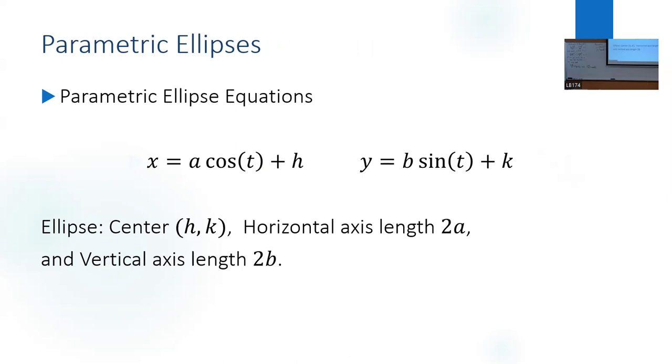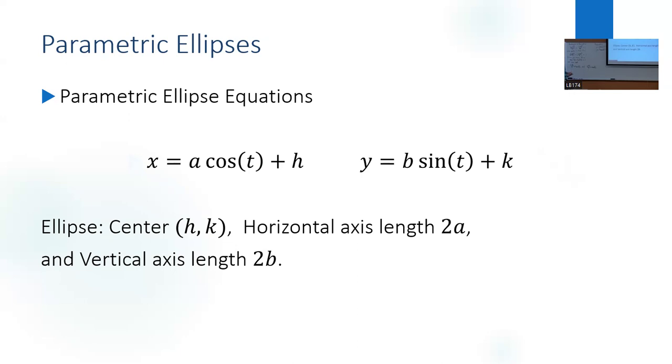Now we just got done going through converting from rectangular to parametric. And you can see now that if you're looking for ellipses in parametric form, you can do x equals a times cosine of t plus h, y equals b times sine of t plus k, and that gives you an ellipse with center (h, k), horizontal axis length 2a and vertical axis length 2b.